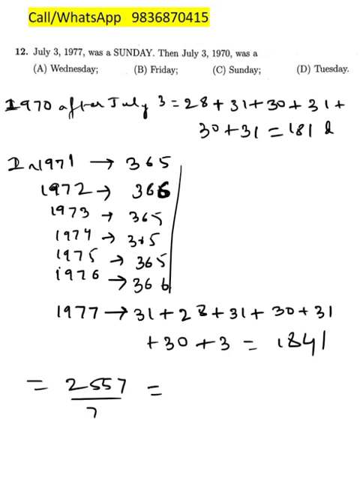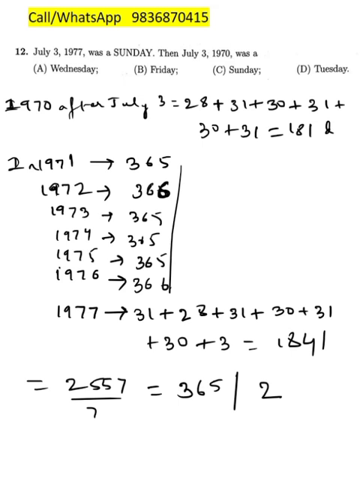Dividing by 7 we get 365 and you have remainder 2.